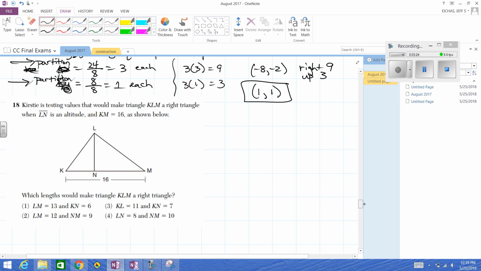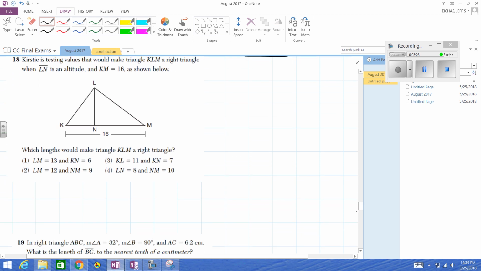All right. Number 18. So what we have is, we want to make KLM a right triangle. Oh, LN is the altitude, so that automatically is a right angle, because of the nature of altitudes making a right angle with the side it goes to. So, to make KLM a right triangle, we want to make that a right angle.